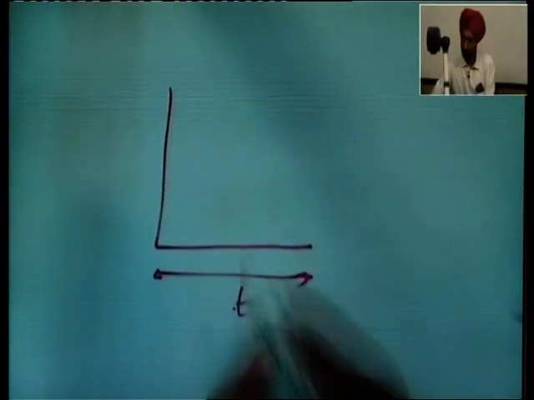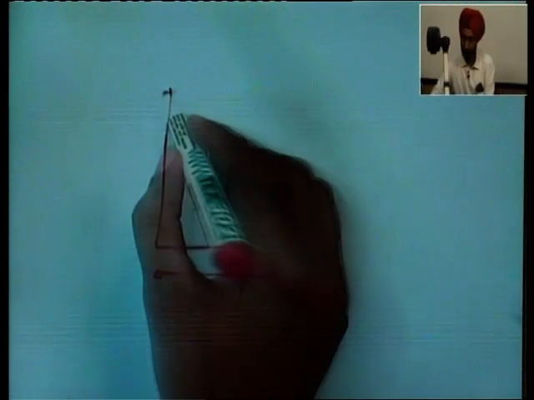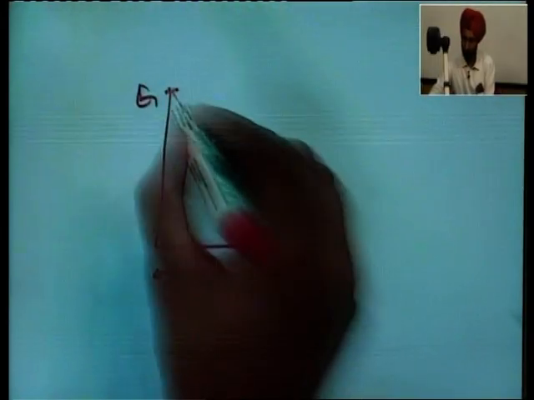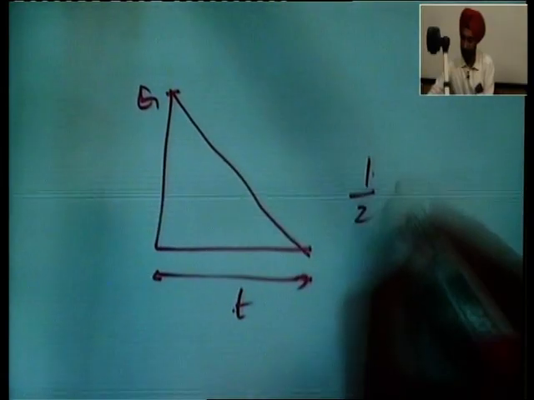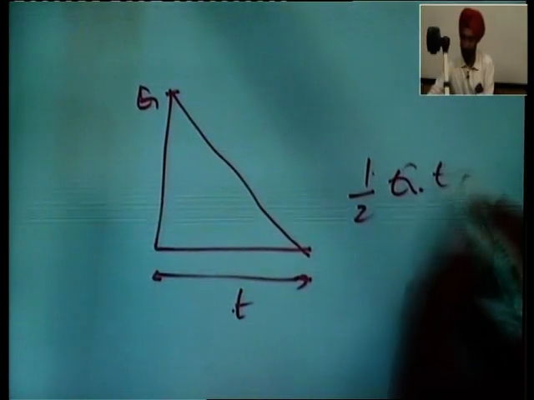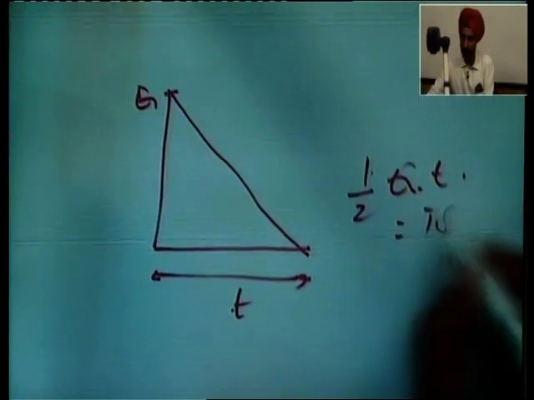So this period is T, and let us say this is Q. Now, here we have this right angle triangle. So, this area of triangle, let us say half Q into T, is the total inventory.